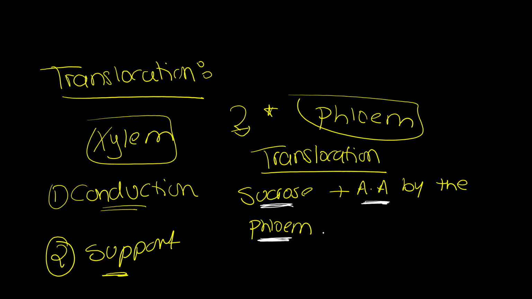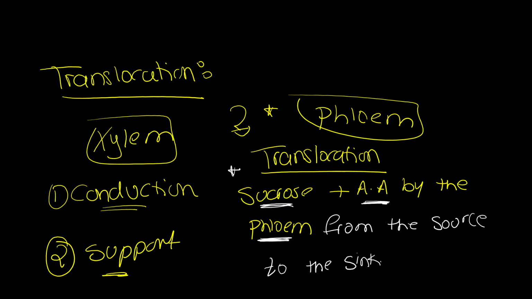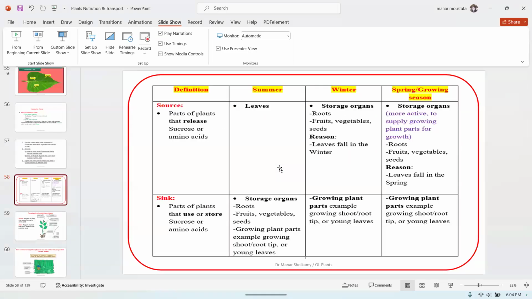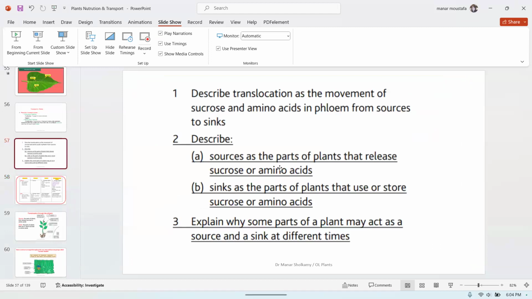Now there's a continuation, from the source to the sink. Now we want to know what is the source and what is the sink. And this definition is copied and pasted from the syllabus. Look at the syllabus.